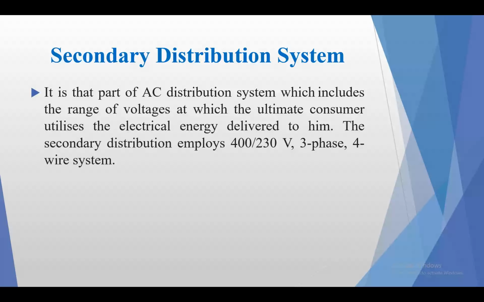So the secondary distribution system uses voltages that are lower than the primary distribution system, and we mostly use these voltages in our home, that is 400 or 230 volts, and the system is a three-phase, four-wire system.